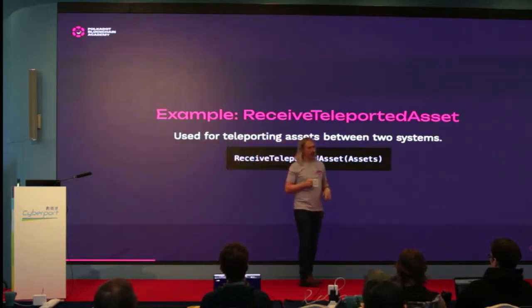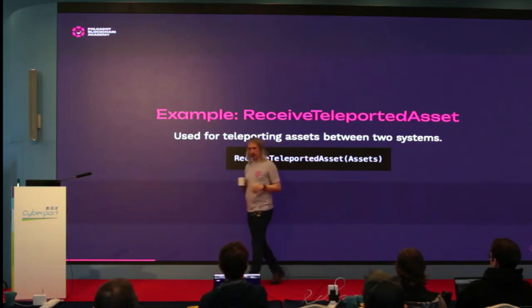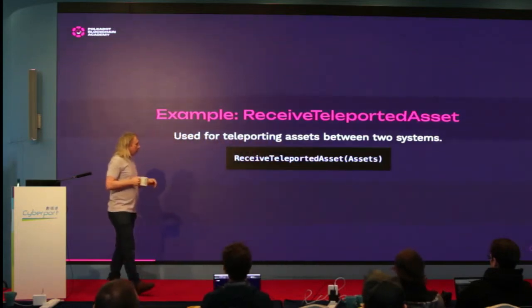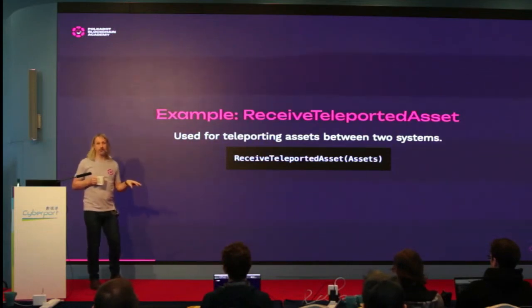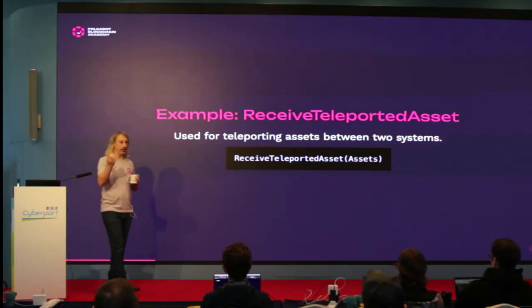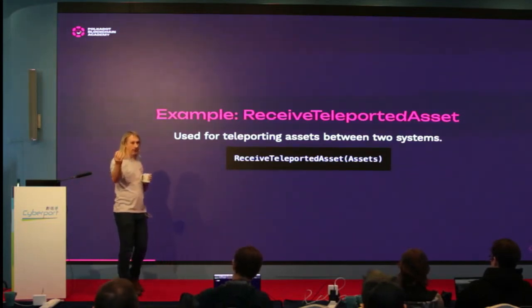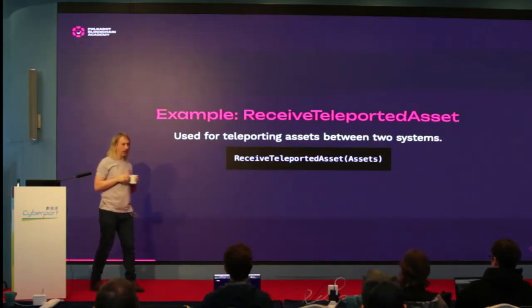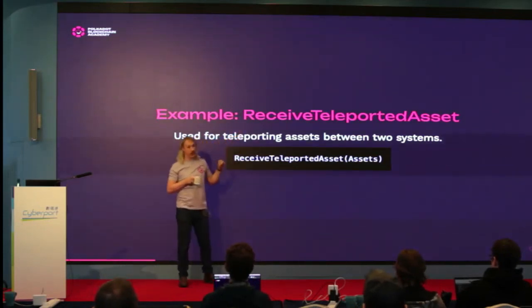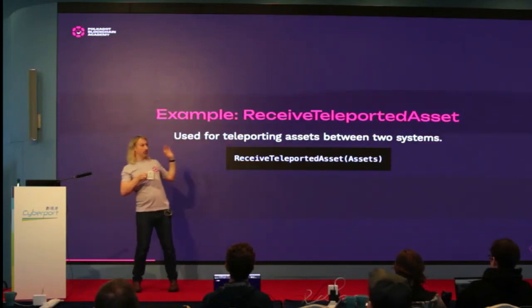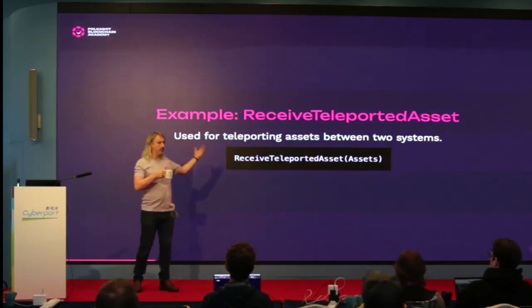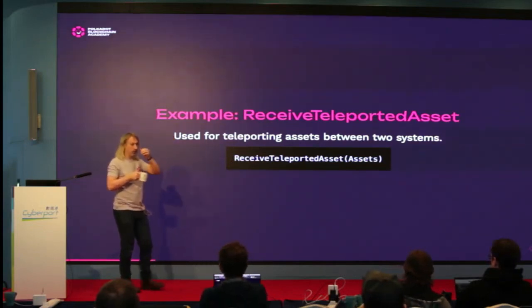Teleporting an asset implies that on some other trusted chain or consensus system, a particular asset was destroyed with the intention of creating, magically, a version of itself on some destination chain. And this is what we receive, the instruction we get on the destination chain saying, hey, I'm the source chain and I've just destroyed this asset. You should mint an equal asset on your chain.